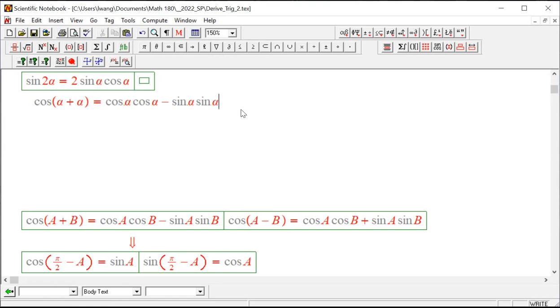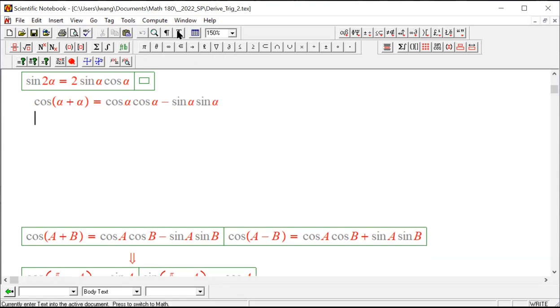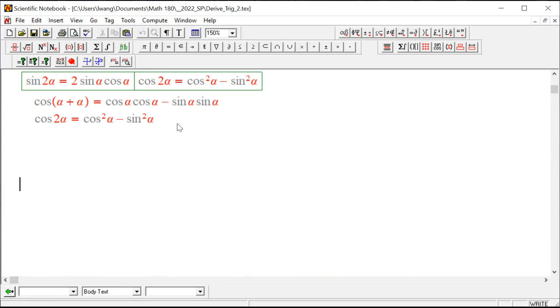Then we end up with cosine 2 alpha equals cosine alpha times cosine alpha, that's cosine square alpha, minus sine alpha times sine alpha, that's sine square alpha. There we go. So this is one of the formulas for double angle. One of them. And there are two more. They're all very useful.